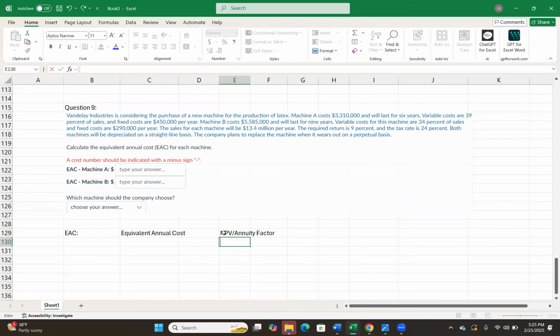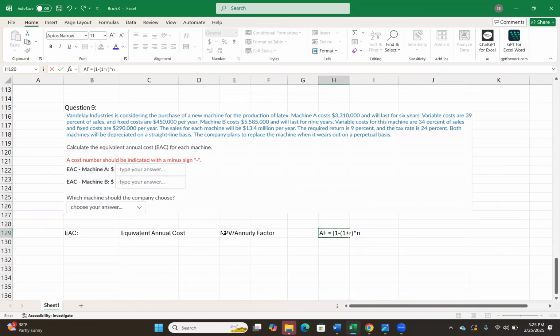The annuity factor, let's see, I don't have this memorized. AF equals 1 minus 1 plus R to the power of N, and then all divided by R. I don't know if that's right.